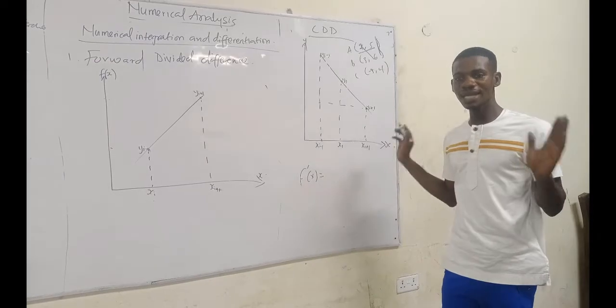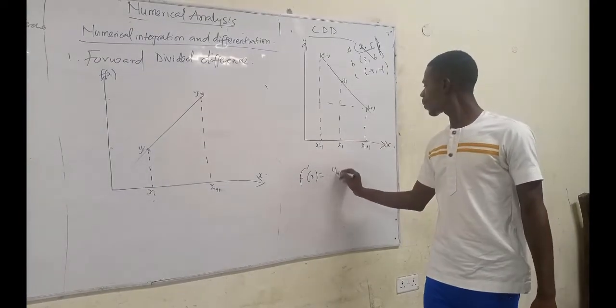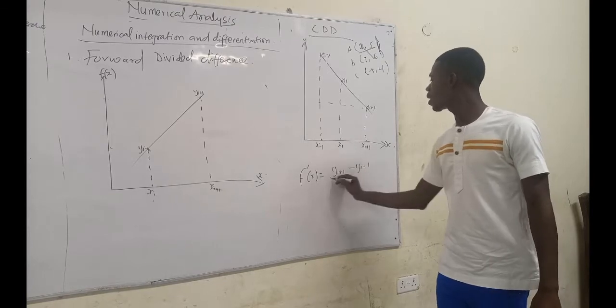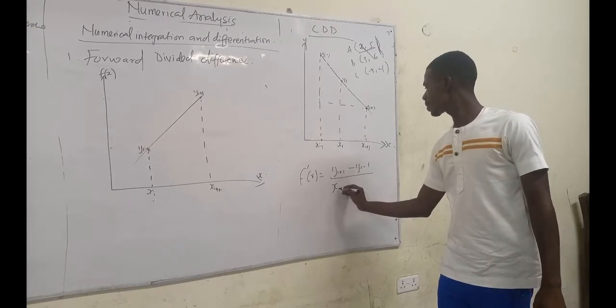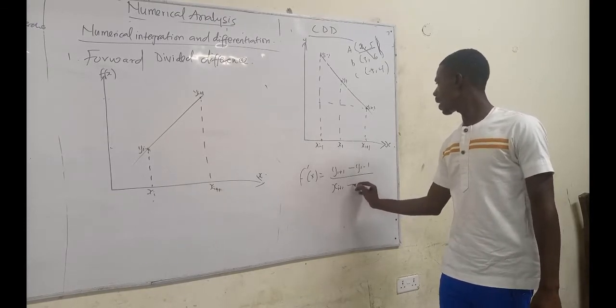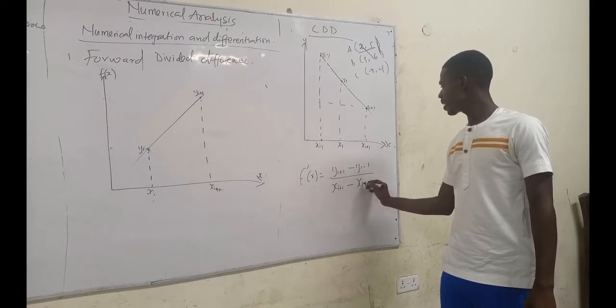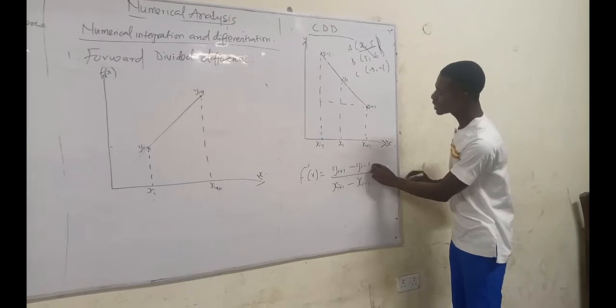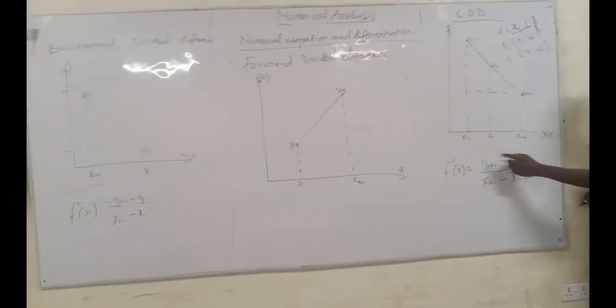They are the same; you get the same answer. So it's either yi plus 1 minus yi minus 1 all over xi plus 1 minus xi minus 1. What I've written here, you can just interchange them. But when you interchange them, they must follow each other.